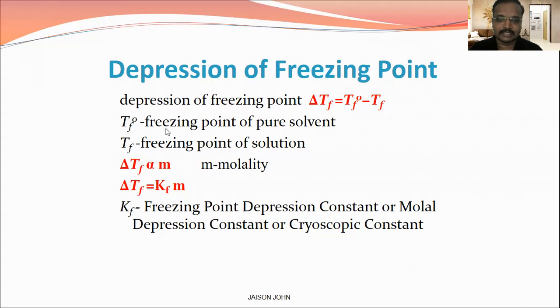TF naught is the freezing point of the pure solvent, and TF is the freezing point of the solution. According to the equation, delta TF is directly proportional to molality, and we can also write delta TF is equal to KF into m, where KF is the cryoscopic constant, or freezing point depression constant, or molal depression constant. So we have three names for KF. What are they?